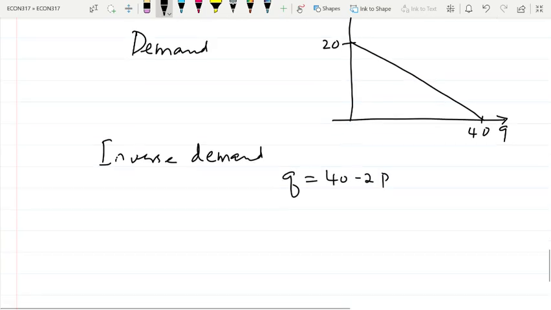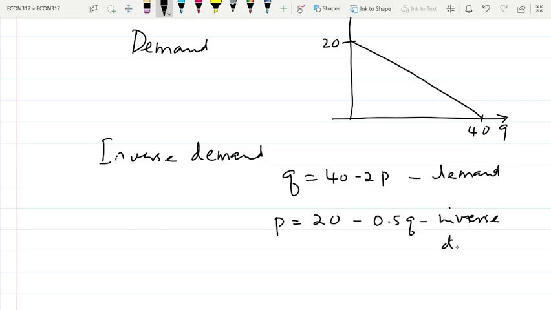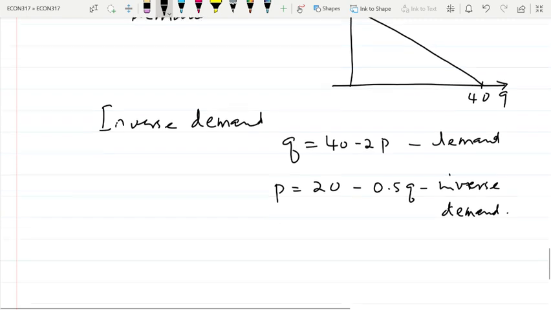I want to leave it as an exercise for you to see that from this demand function the inverse demand would be given as P equal to 20 minus 0.5Q. So this is the demand and this is the inverse demand. I will stop here now.